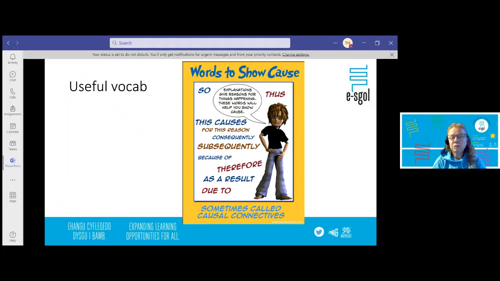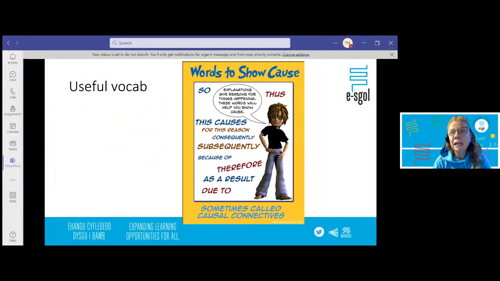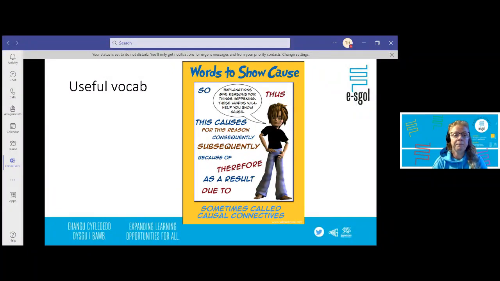What we've got here are some really useful vocabulary bits of information for you to help you show cause and effect. So these are the ones that come into the explanation questions, the ones where you've got to try and explain why something is happening. And so what you've got here is some really interesting causal connectives, and you'll be able to use those to link your points together to show why something is happening.